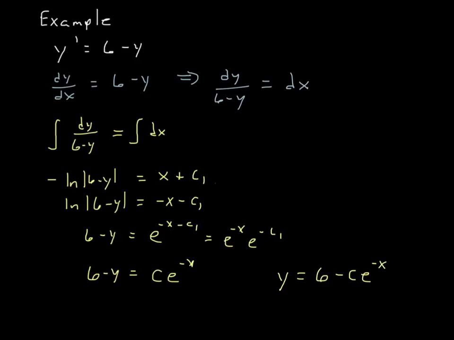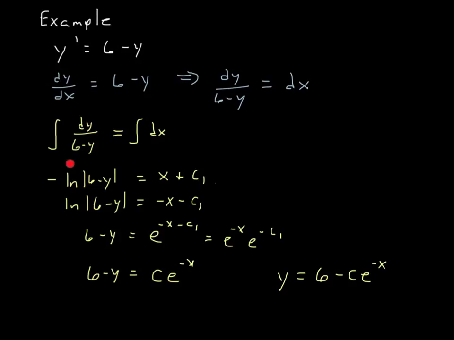So what you're really going to be looking for to separate the variables for the most part is multiplication and division. In this case, what I can do is divide both sides by 6 minus y and multiply both sides by dx. And when I do that, I'll get dy over 6 minus y equals dx.